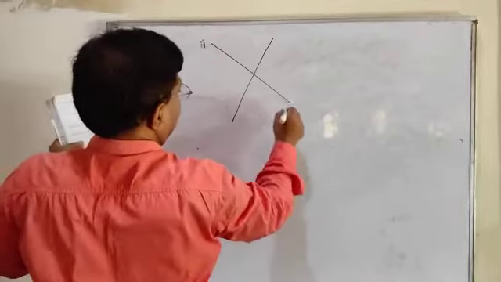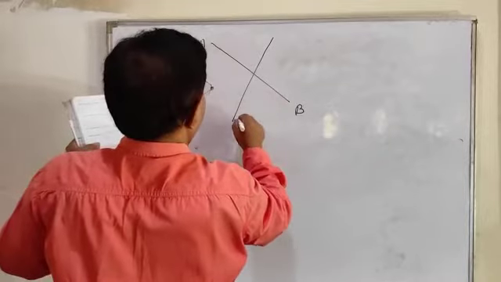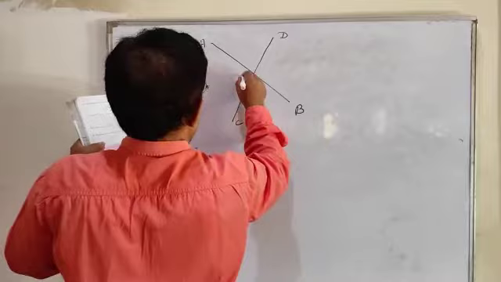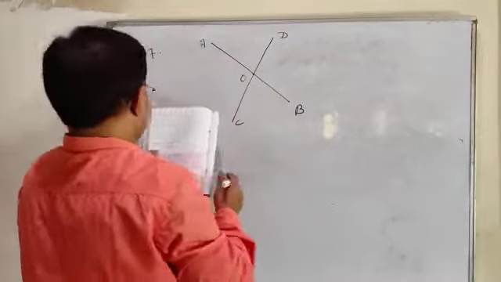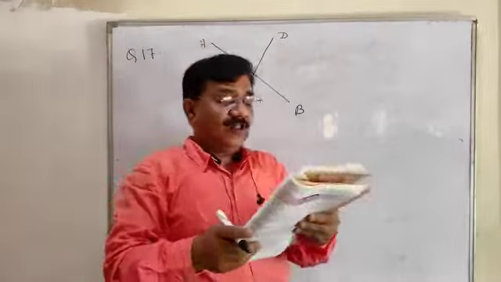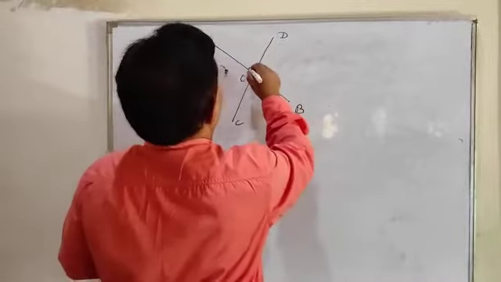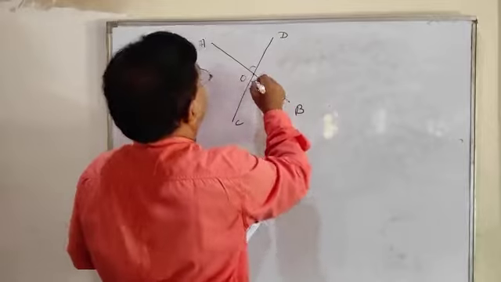A, B, C, D, and this point is O. The question is, name all the pairs of vertically opposite angles. This angle will be equal to this angle.